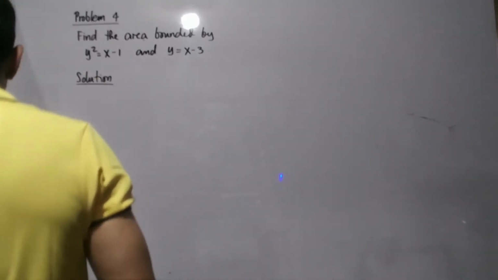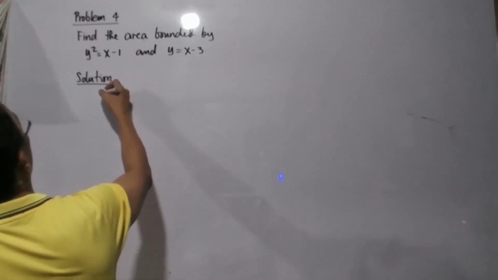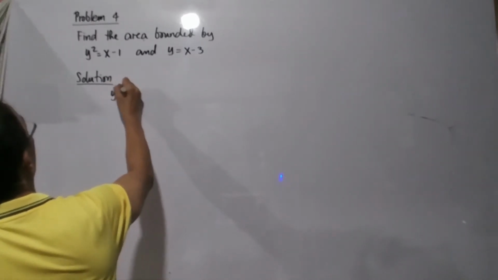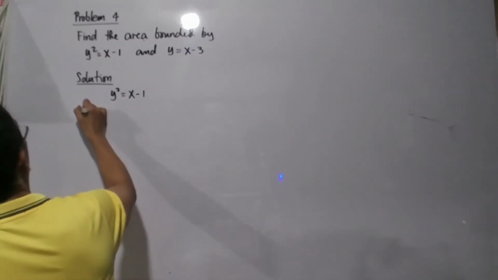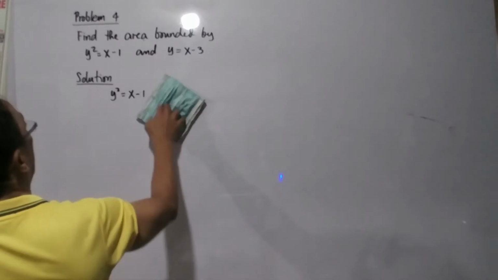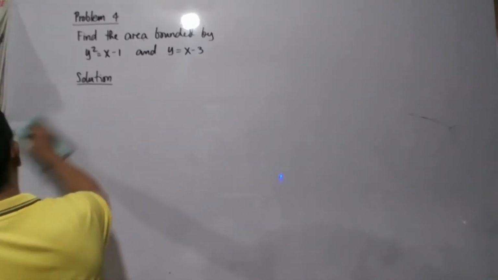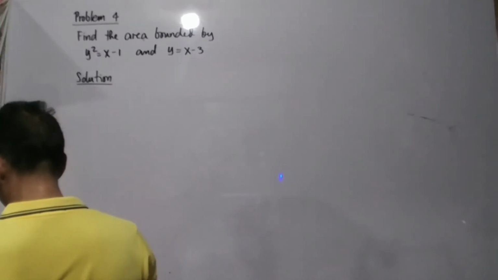Okay. So, for the first equation, for the first curve, you have y squared equals x minus 1. I will use the blue pen to give emphasis about the problem.